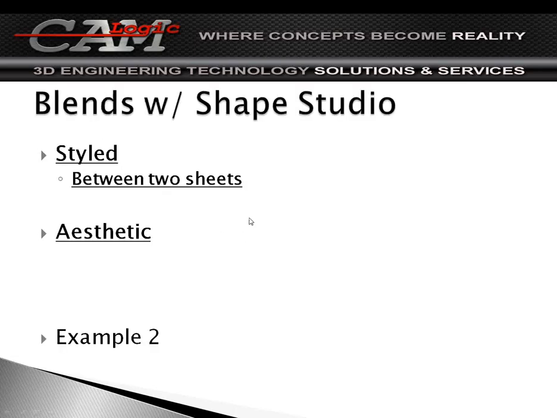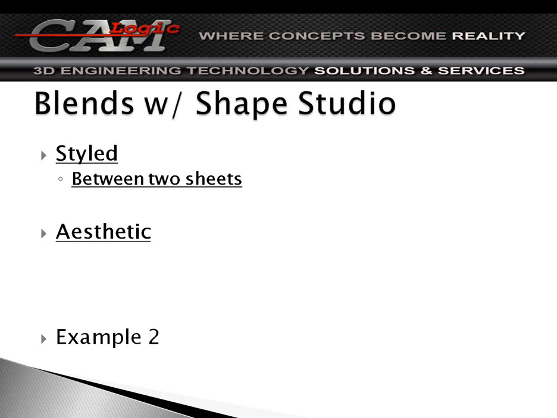Okay. And then we're going to go to blends with Shape Studio. In reviewing my demo for this, I decided that Shape Studio is cool. It's more like freeform and surfacing. But I thought it would be more value to do another inferred blend, because there's a lot of crossover between the style and aesthetic blends in Shape Studio, and then what we were just looking at with the face blend.